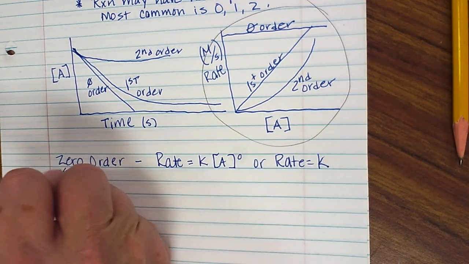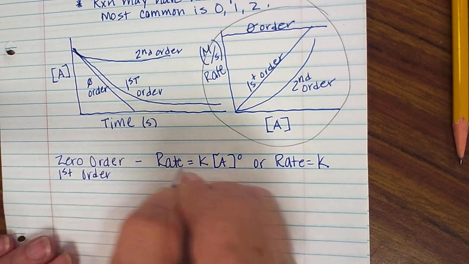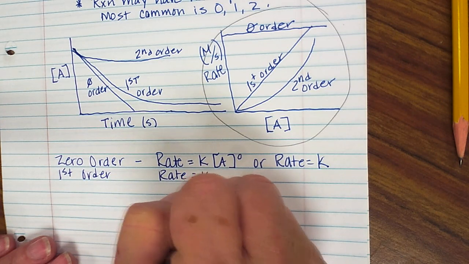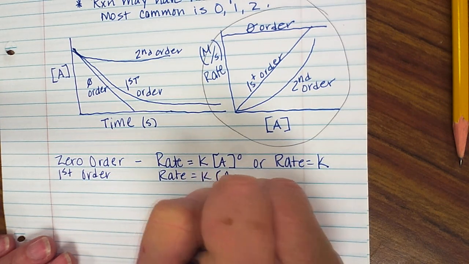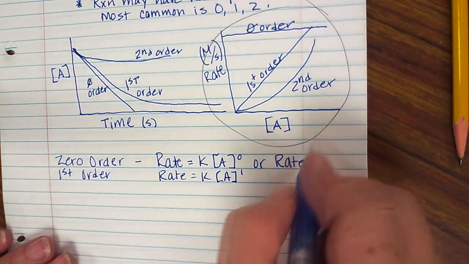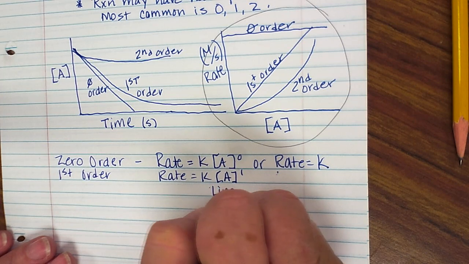For first order, the rate equals K times the concentration of A to the 1, and then this is going to be a linear graph.